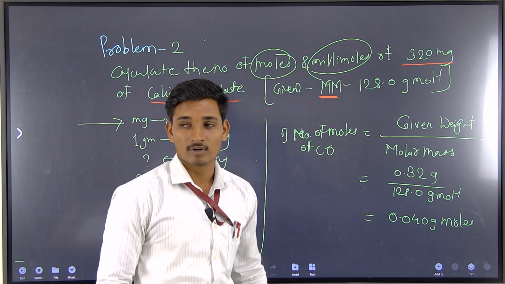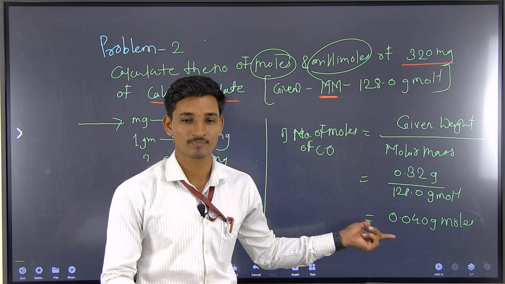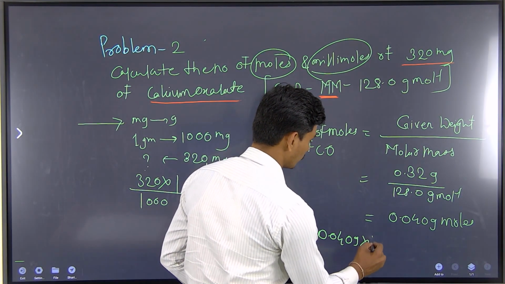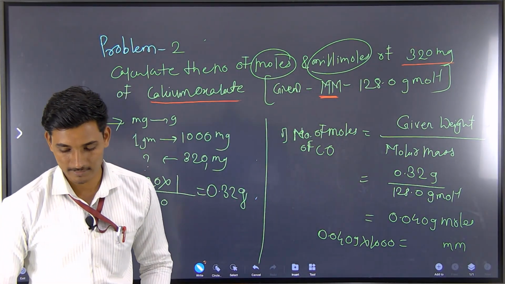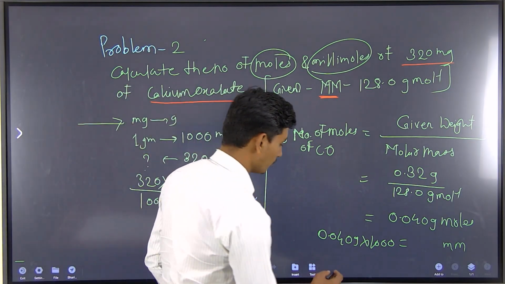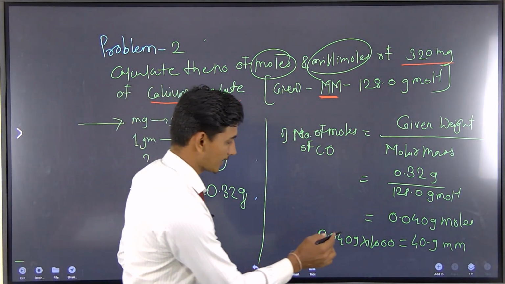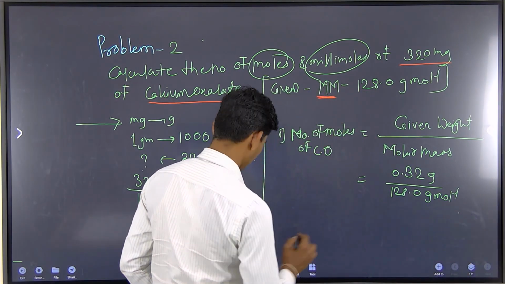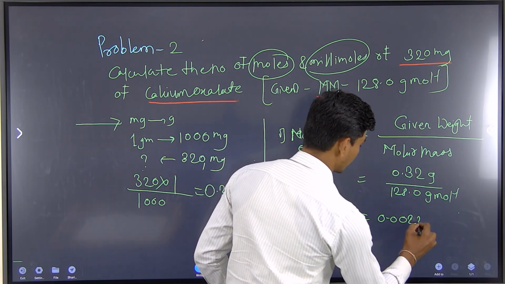Then the conversion of moles to millimoles is again a very simple concept: we multiply the moles by 1000. So 0.0409 into 1000 gives 40.9 millimoles. But here the answer is not 0.0409. The correct answer is 0.0025 moles.